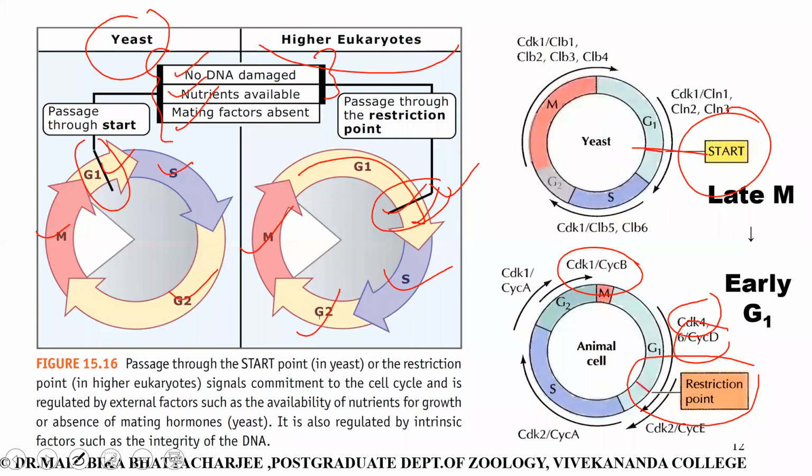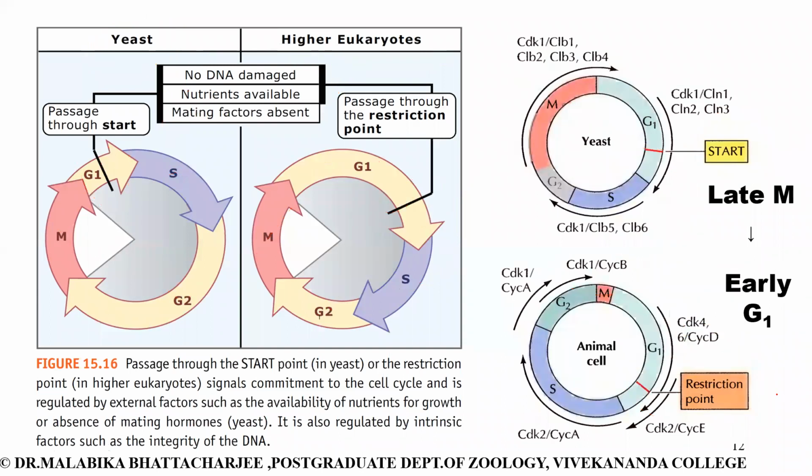Each stage of the cell cycle has its own set of cyclins and cyclin dependent kinases. So we have CDK4 and 6 with cyclin D, which helps the cell to pass the G1 restriction point. Prior to entering S, we have the cyclin E CDK2 partner. During the synthetic phase, we have cyclin A CDK2.